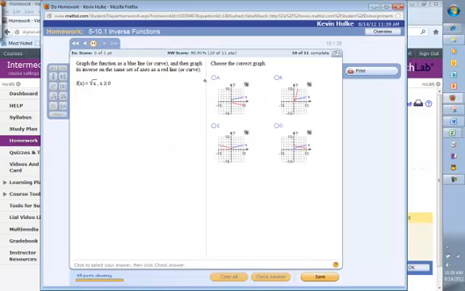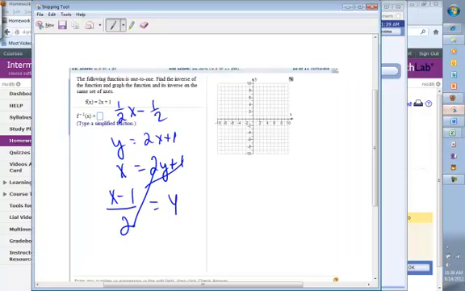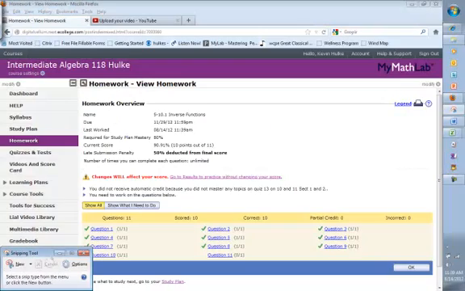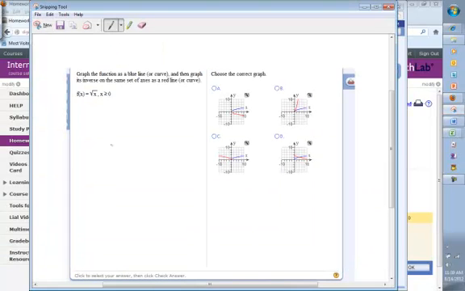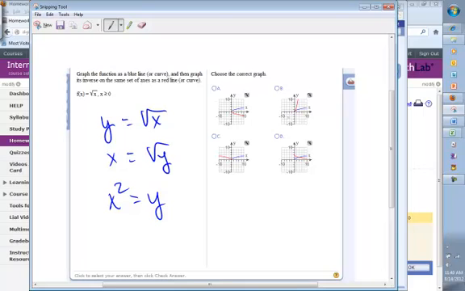And number 11. Graph the function as a blue line, and then graph its inverse function. Y equals square root x, switch them around, x equals square root y, square both sides, y equals x squared.